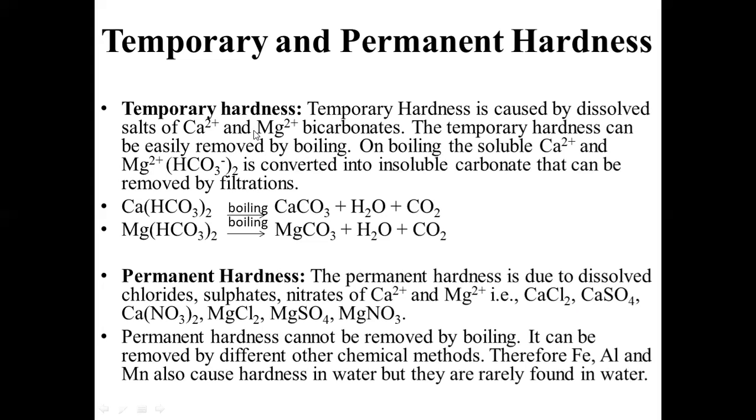The important thing is that temporary hardness can be removed by boiling, whereas permanent hardness cannot be removed by simple boiling. Permanent hardness can be removed by different chemical methods, which we will be studying.